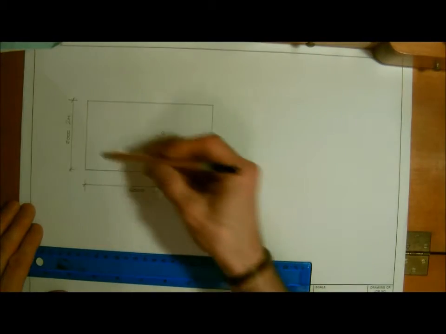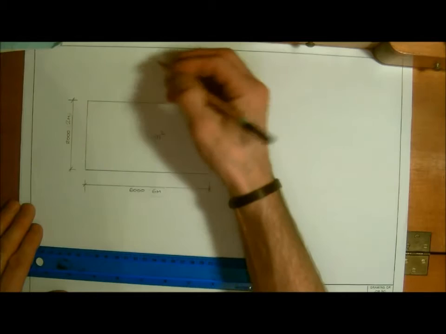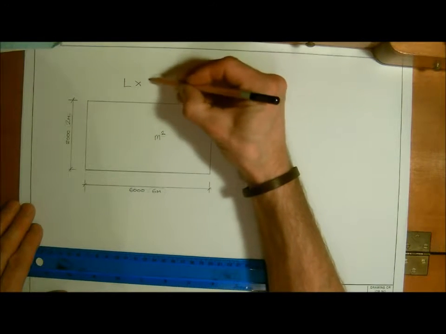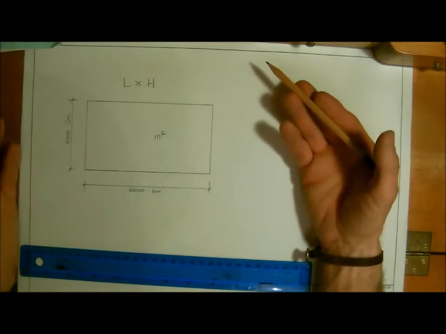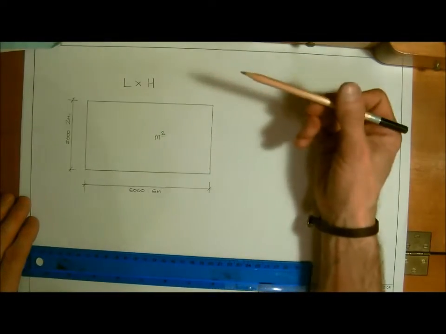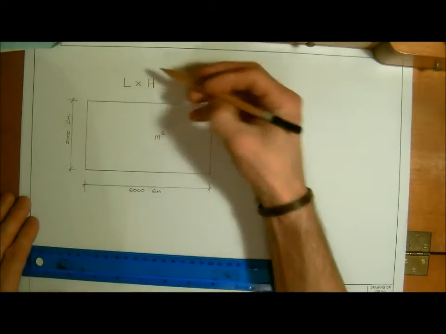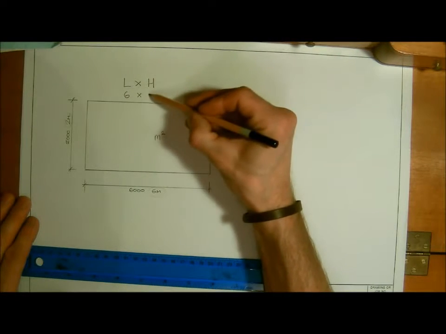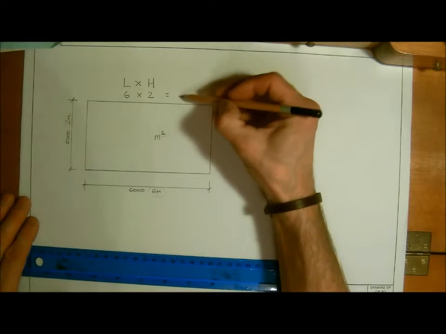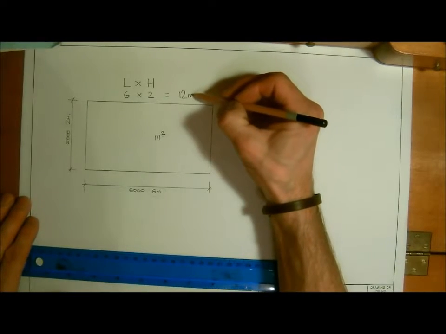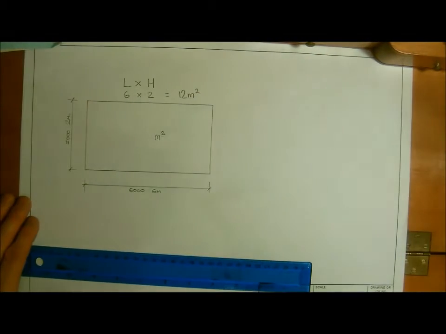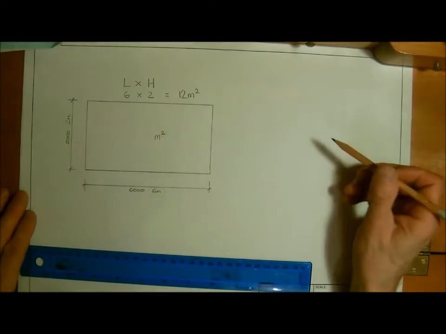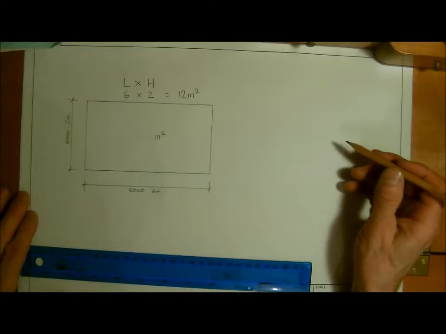The formula is the length times the height, or if it was a floor area it would be the length times the width. So here we've got the length at 6 meters times 2 meters of height, which equals 12 meters squared. Simple as that. Okay, so that's surface area, but we need to convert this into bricks now.